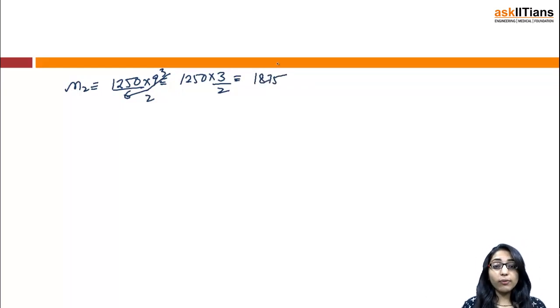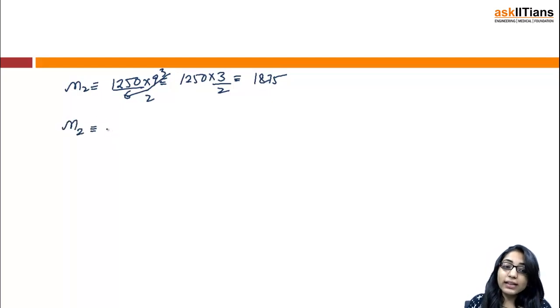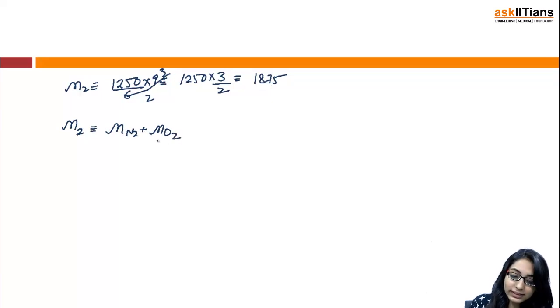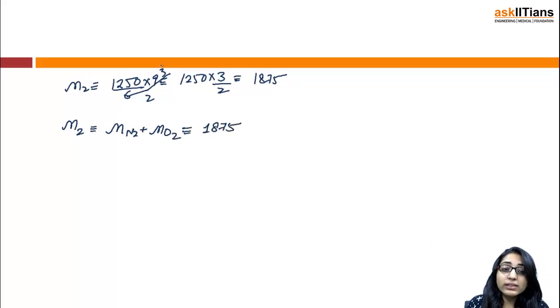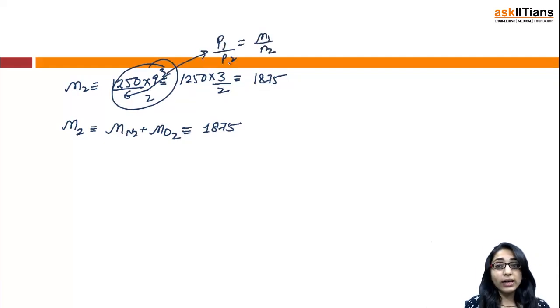So once I know the value as 1875, I can further move on and say that since N2 is nothing but the number of moles of nitrogen plus the number of moles of oxygen, this total is equal to 1875. So this is where we have used P1 over P2 is equal to N1 over N2. Using this expression, first of all you need to get the total number of moles of the gases which are present in the container.